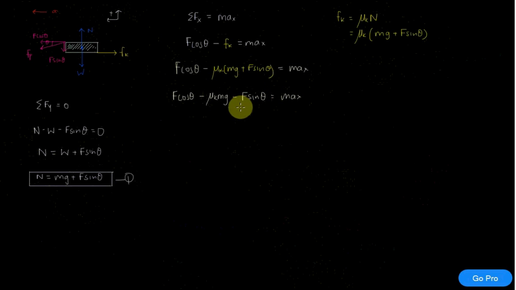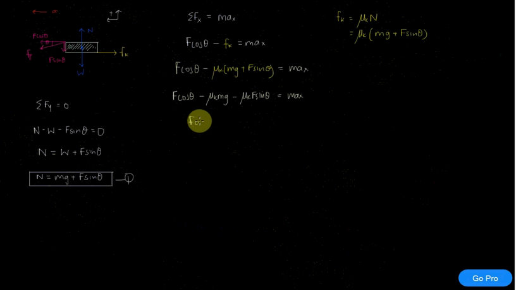When I multiply this out, sorry, I forgot something here. Mu k times that is going to be mu sub k f sine theta, and that's equal to mass times acceleration. Okay. Now I'm going to factor out all the terms that have an f in it, so this is going to go to that side.